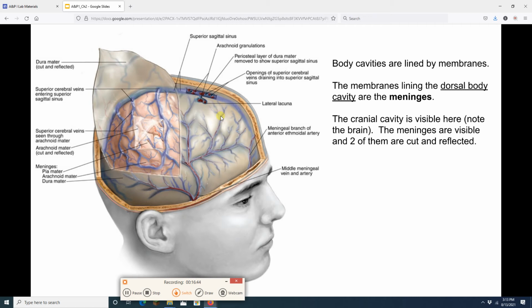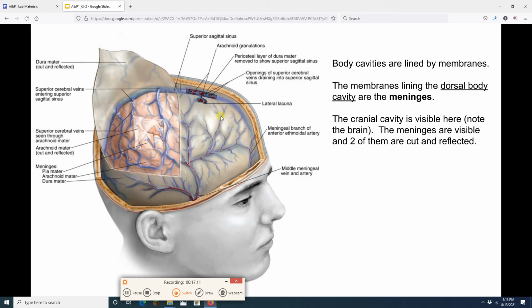They can anchor organs. Membranes can also provide a means of reducing friction between organs. When organs are adjacent to one another and there's a possibility that they could rub together, we don't want friction. Friction is our enemy. These membranes in this case will be moist membranes, and so membranes can help with lubrication.